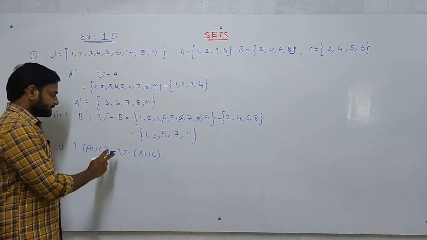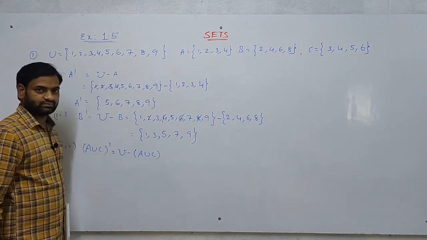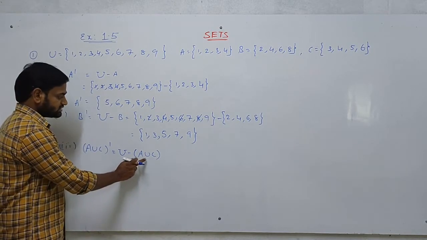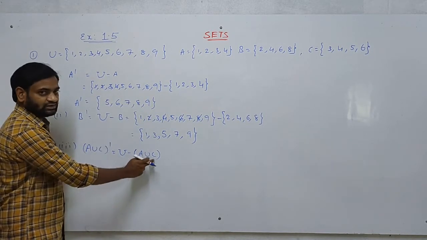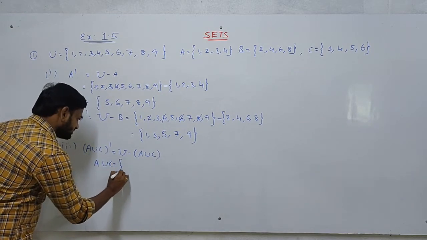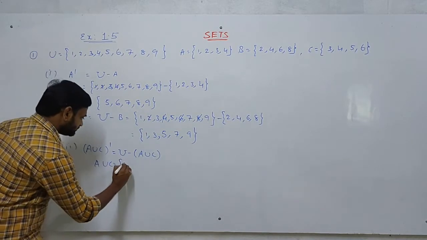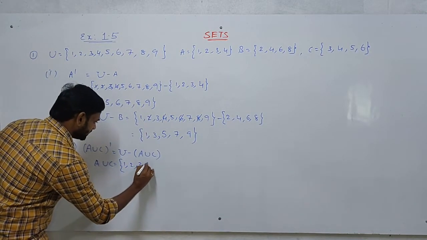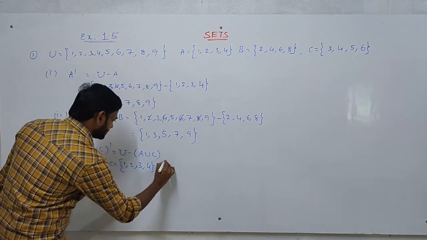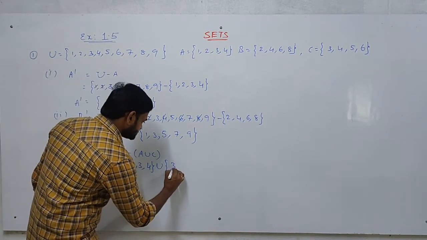Now here, first we have to find A union C. A is 1, 2, 3, 4, union C, which is 3, 4, 5, 6.